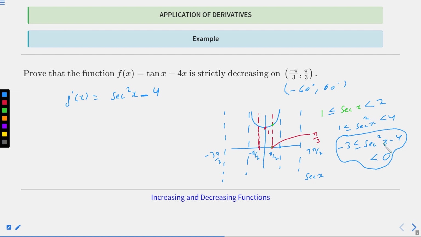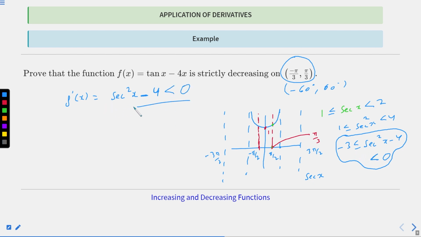This means your sec square x minus 4 will be negative in this specific interval, somewhere between minus 3 and 0. So it will be negative.